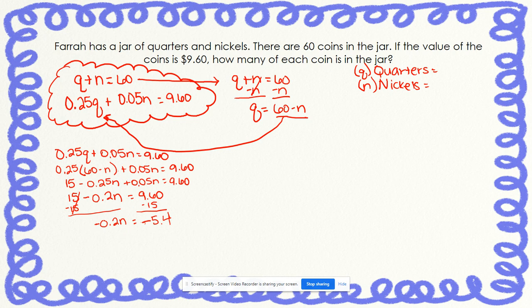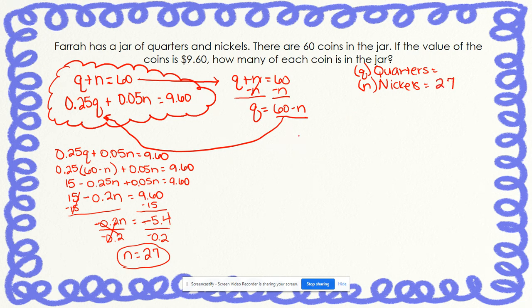Now to get N by itself, I need to get rid of negative 0.2, so I'm going to divide by negative 0.2 on both sides. These will cancel and leave me with N equals, and when I do negative 5.4 divided by negative 0.2, I get positive 27. That means that my number of nickels is 27 nickels.